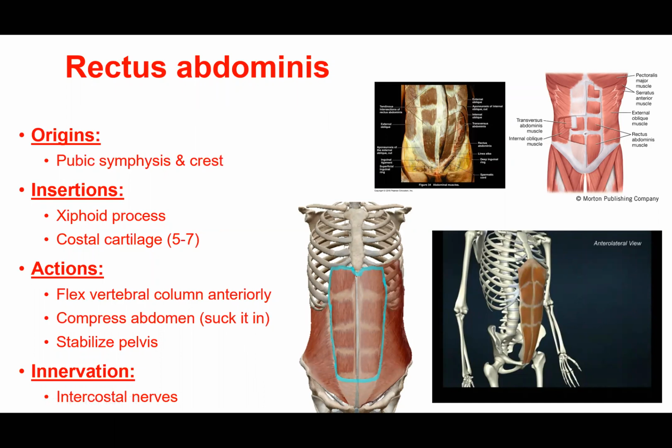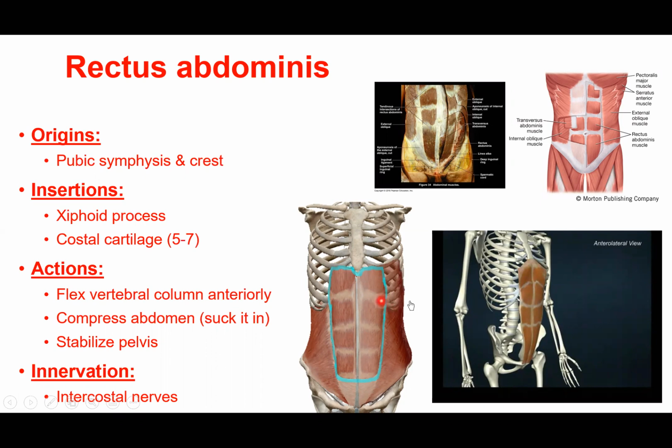This is one that you have to know the origin, insertion, action, and innervation for. Rectus abdominis is virtually the six-pack. And so it originates down here on the pubic symphysis and also the pubic crest. And it goes all the way up to the xiphoid process and also inserts into the costal cartilages of the 5th to 7th rib.